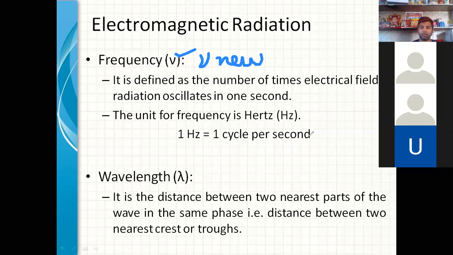Okay. Now wavelength, lambda. It is the distance between two nearest parts of the wave in the same phase. Means the distance between two troughs or two crests. This is our oscillating wave.